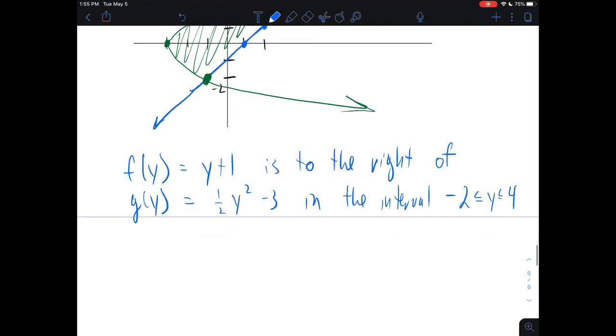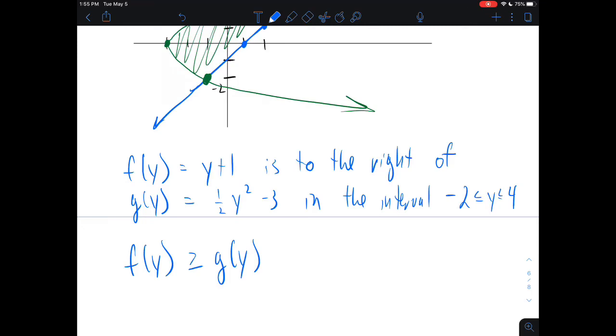So what this means is f of y is greater than g of y. And they are equal at their intersection points. So we have this idea throughout that whole interval. So I don't have two complex regions that we had in the last example. I do just have one.